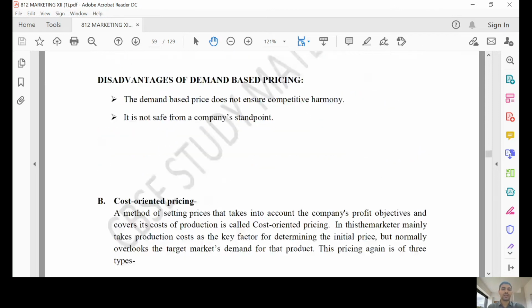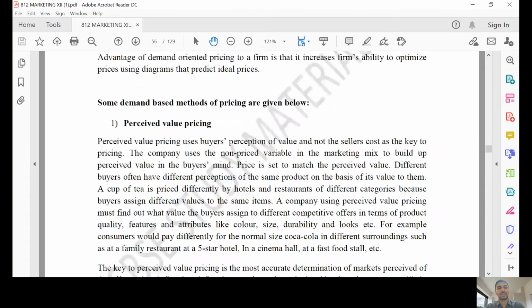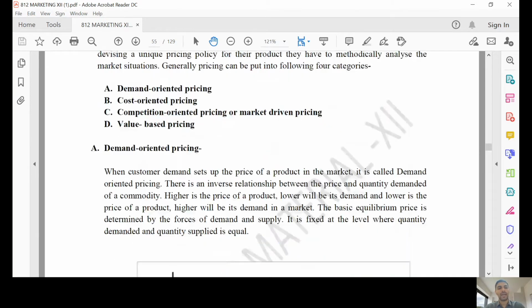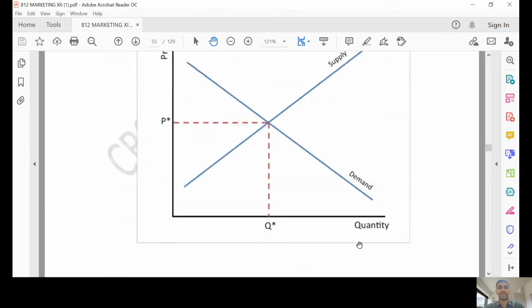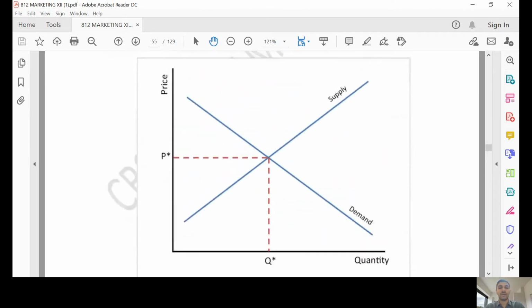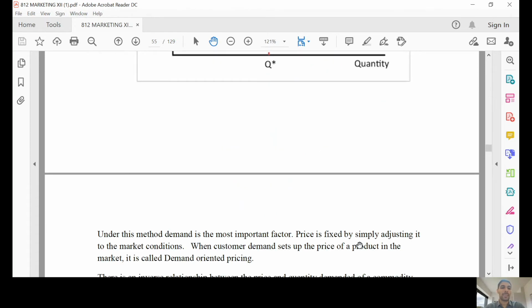So that was demand-oriented pricing. Under demand-oriented pricing, we fix the price of the product according to demand. There is an inverse relationship between price and quantity demanded. If the price is more, demand will be less, and if the price is reduced, there will be more demand.